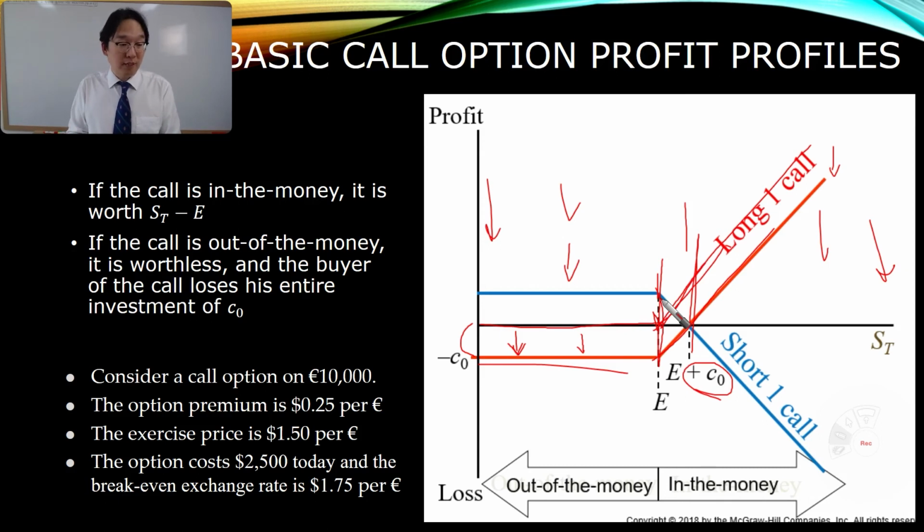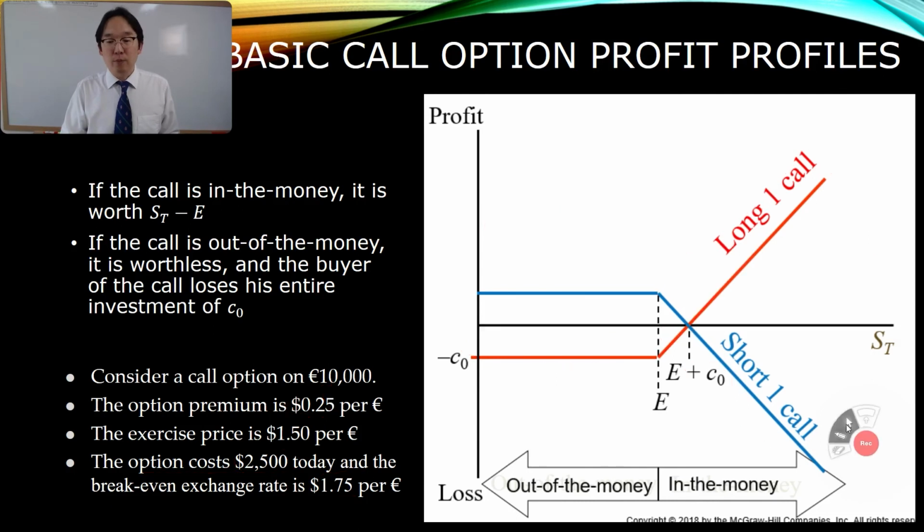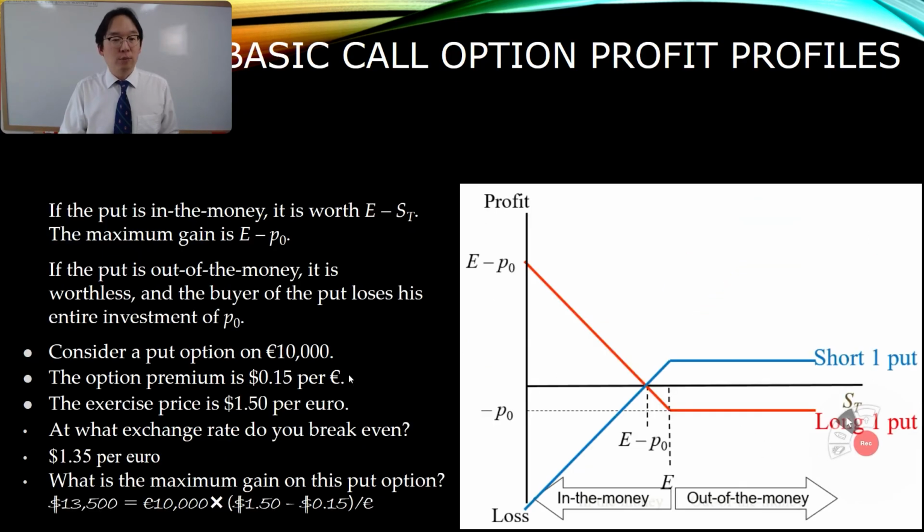The option costs $2,500 today because you multiply this by 10,000 euros. And the break-even exchange rate is simply the exercise price plus the option premium, which is $1.75 per euro.